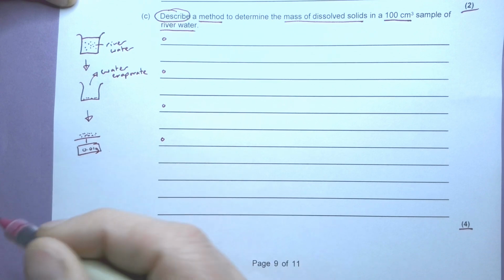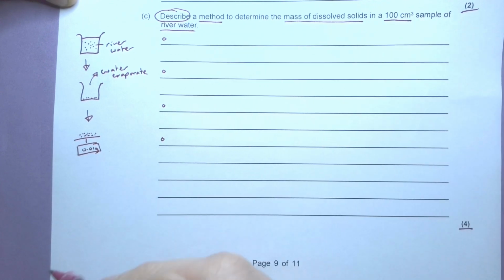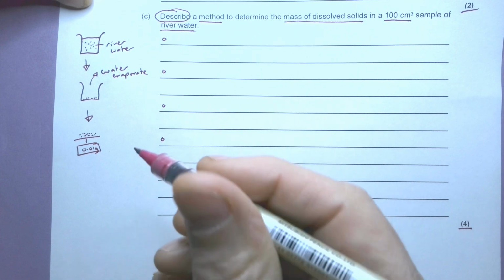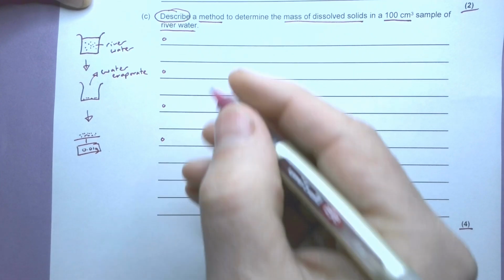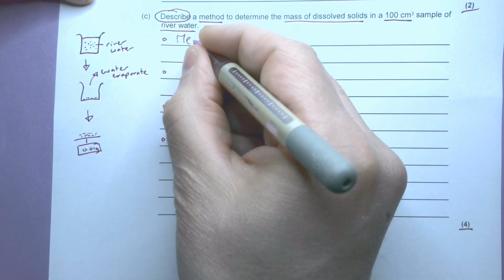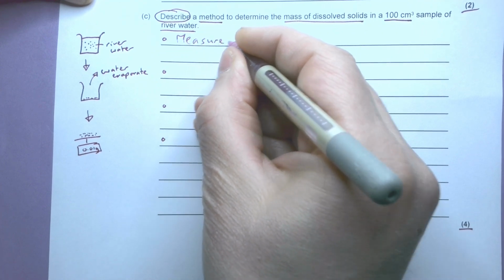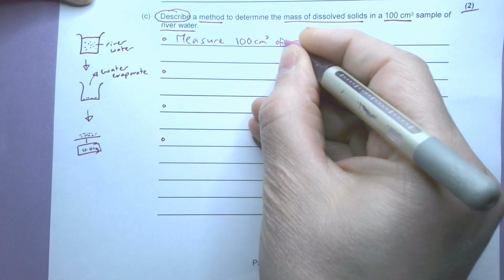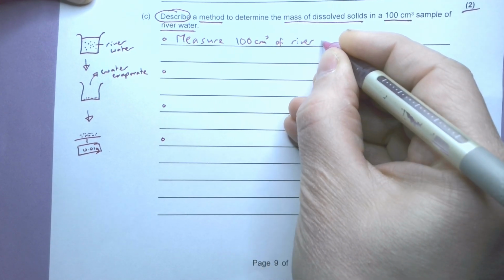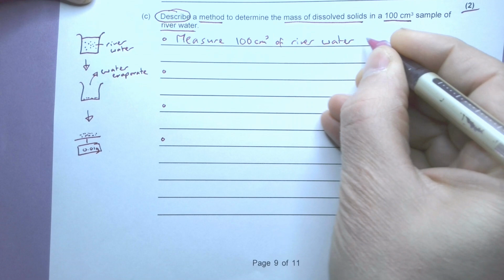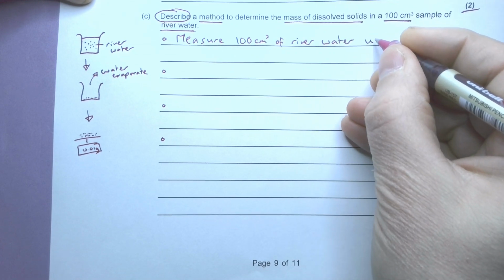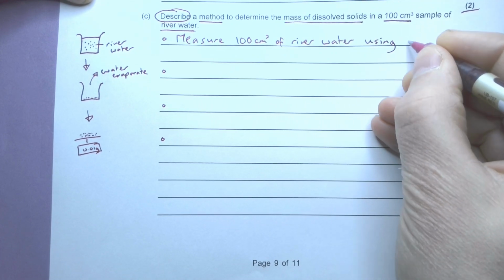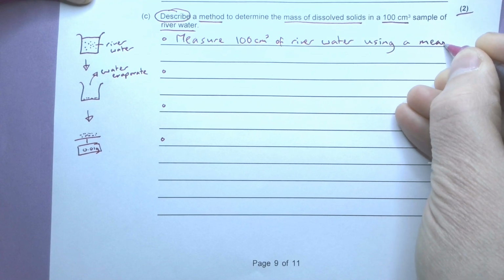So the first thing is I'm going to measure 100 centimeters cubed of river water, and I'm going to say what I'm going to use as well. So using a measuring cylinder.